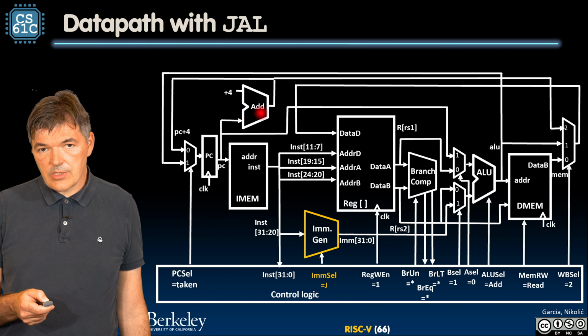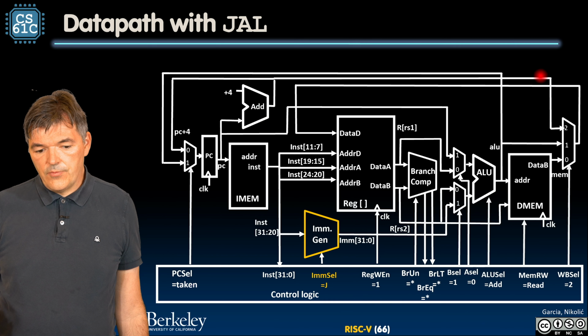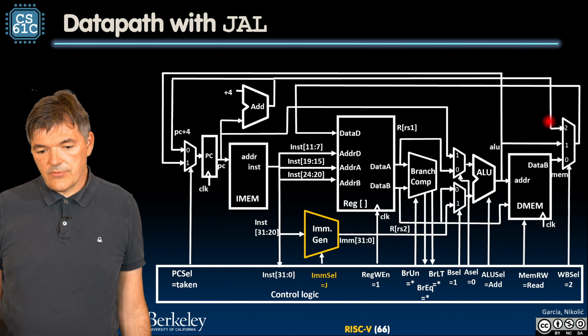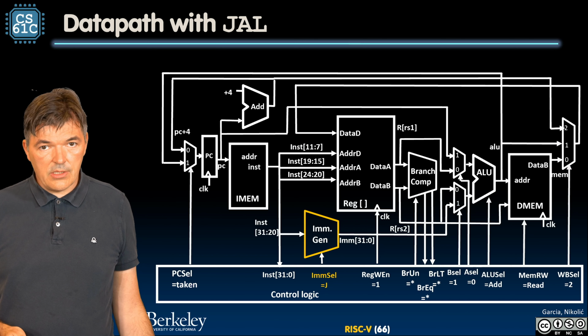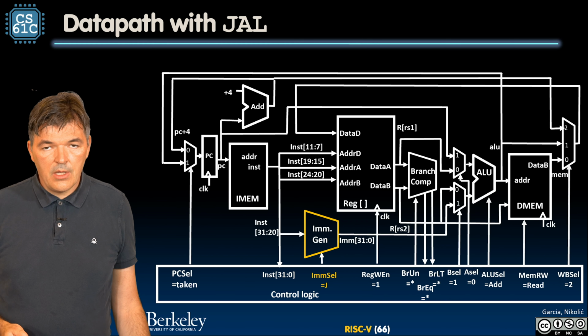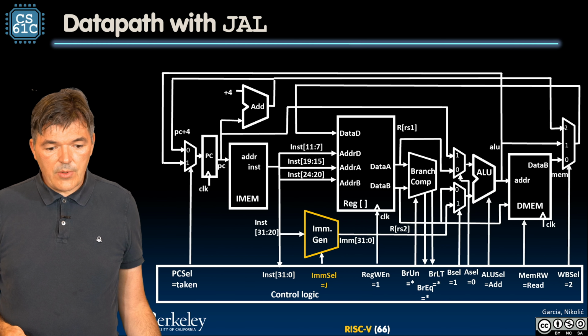We do that by using the same mechanism that we added for JALR. We send the PC plus 4 value to the write back select multiplexer. Write back select is set to the value of 2, and that enables us to write into the destination register RD.